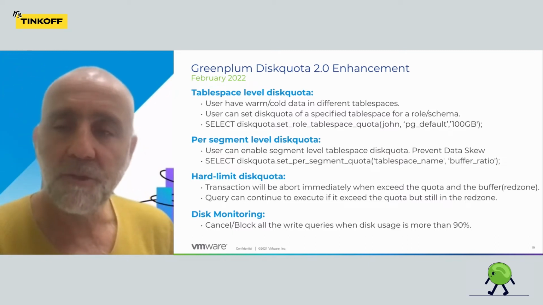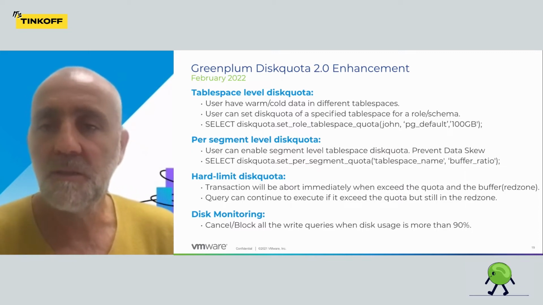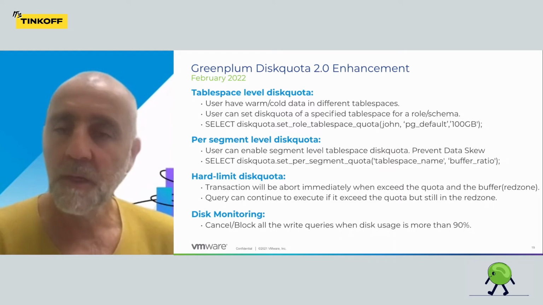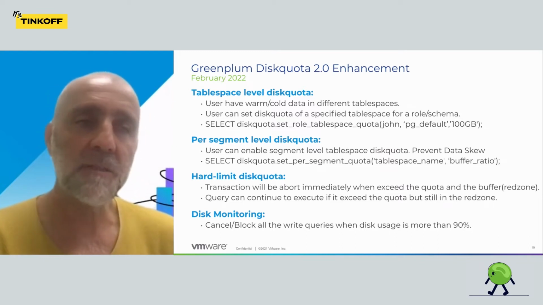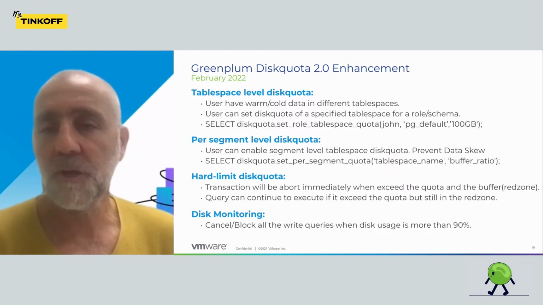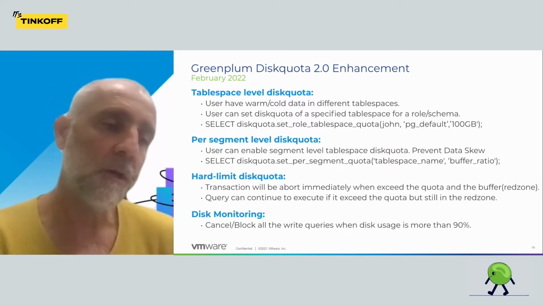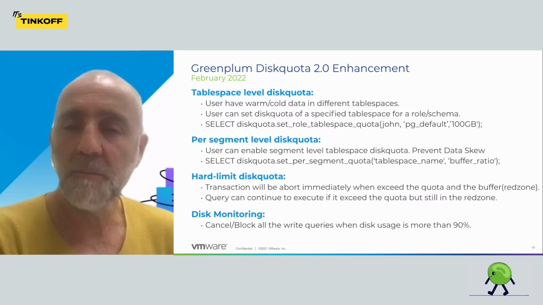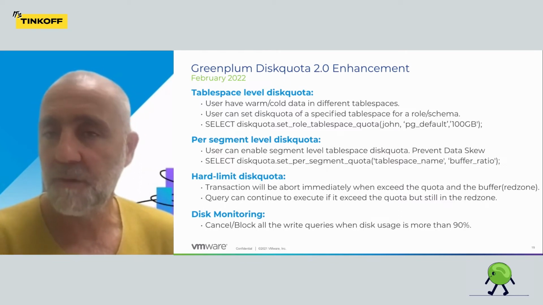One of the extensions that we use is the disk quota extension. What we decided to do is improve the extension and give the ability to set this quota not only at the user level or at the schema level, but also at the tablespace level.